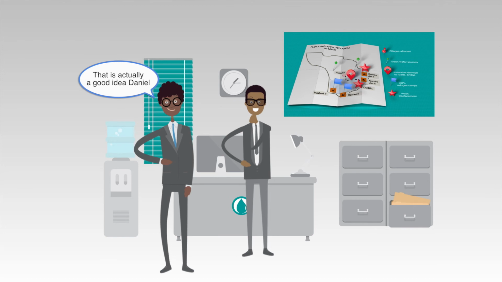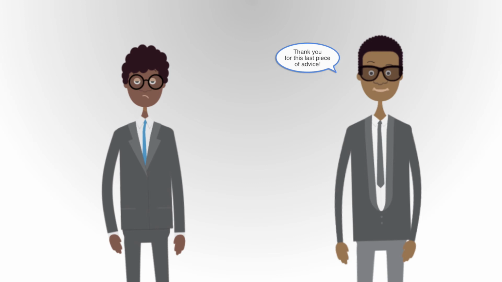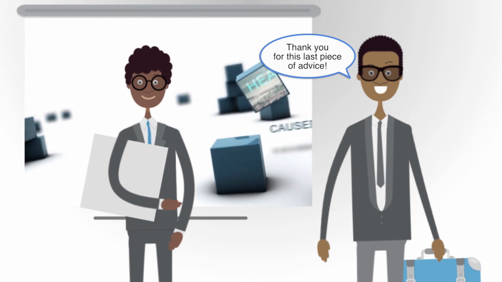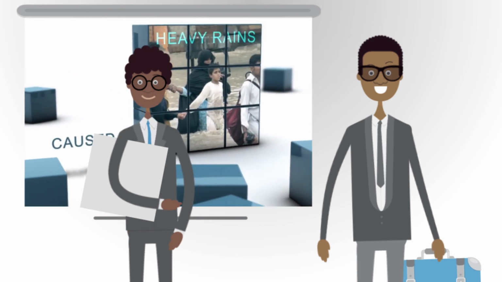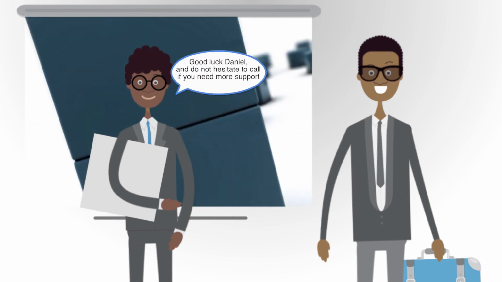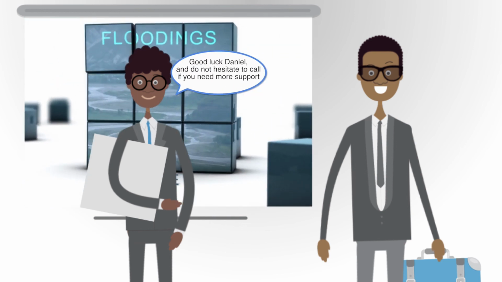You should liaise with the OCHA on this initiative that an inter-cluster CP will always be more efficient. Thank you for this last piece of advice. Point taken. I will now prepare the outline of the response plan, based on the platform assessment findings. Good luck, Daniel, and do not hesitate to call should you need more support.